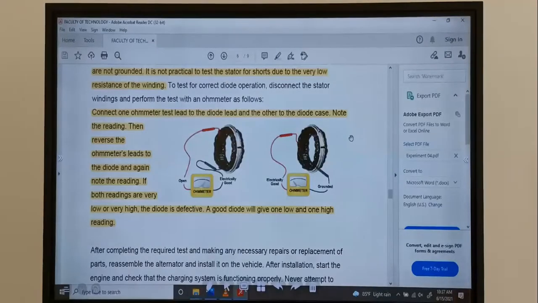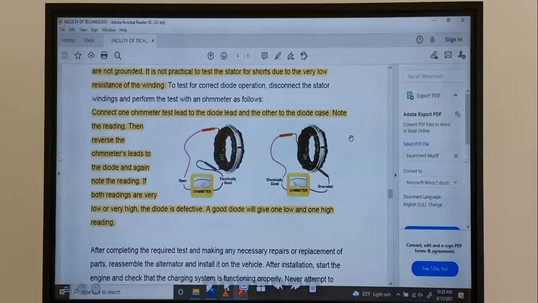If both readings are very low or very high, the diode is defective, that means fault. Now we check the resistance.